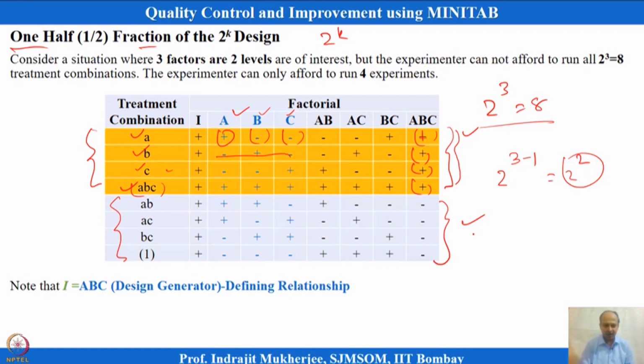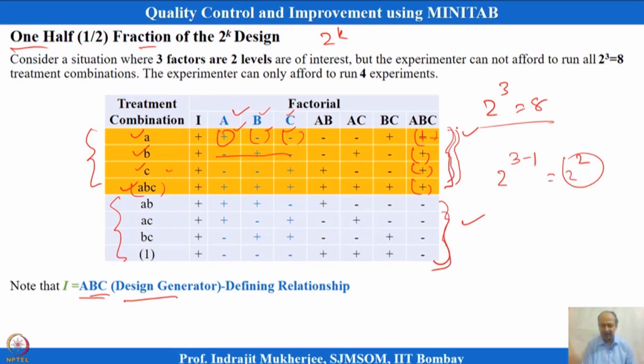So, this is known as the design generator. If I have to make it into fractions, which fraction we should run and which fraction we can omit, for that we use a design generator. Here ABC is used as the design generator. When I multiply the signs of A, B and C, it will give either a plus sign or a minus sign. One block will be plus, one block will be minus.